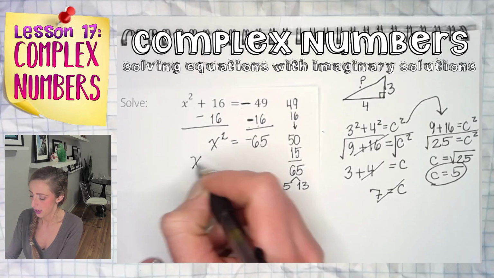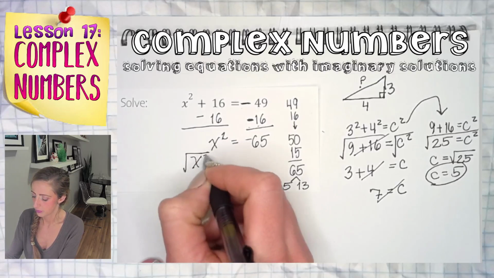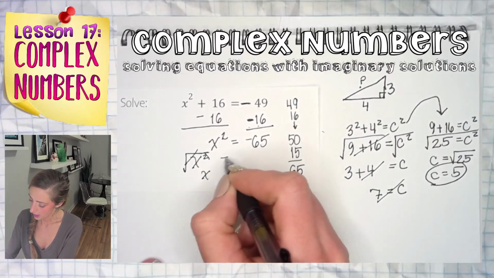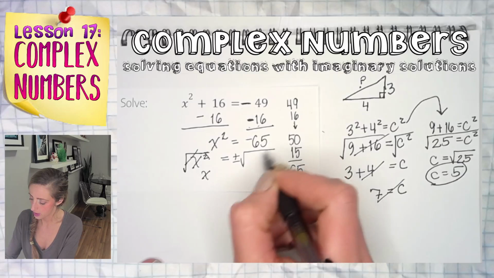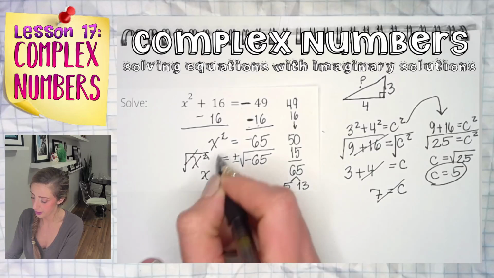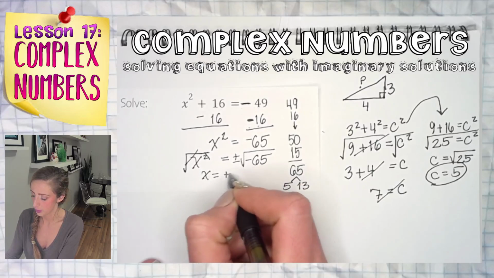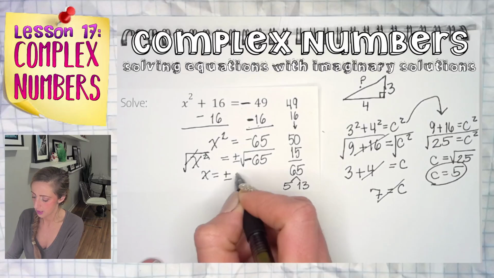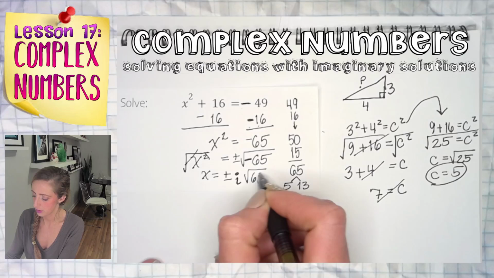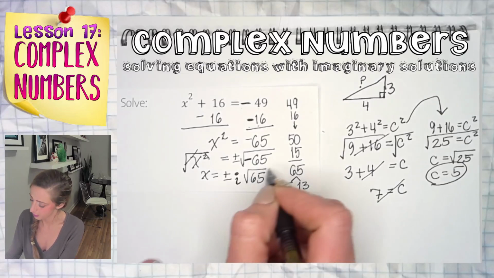So x squared becomes just x equals plus minus the square root of negative 65. Nothing to simplify here. So we're left with plus minus, well, almost nothing. I root or radical or square root 65.